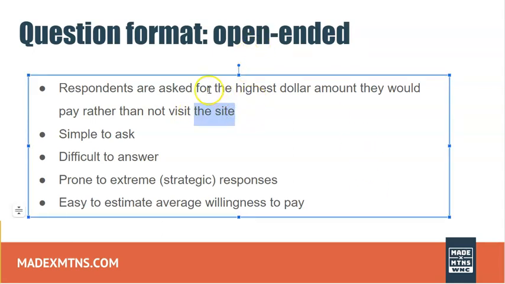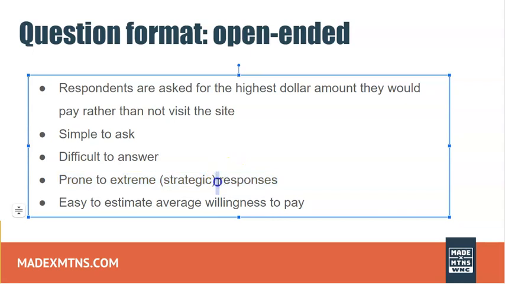An open-ended response is tempting to use because it's simple to ask, but it's difficult to answer. Respondents find coming up with a number difficult. And it's also prone to extreme responses, which might be strategic. So again, if you want to signal that you really loved your trip, you might say that this trip might cost $1 million before I would not visit this site.